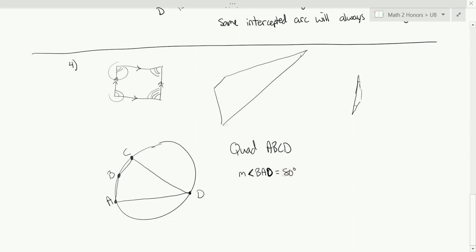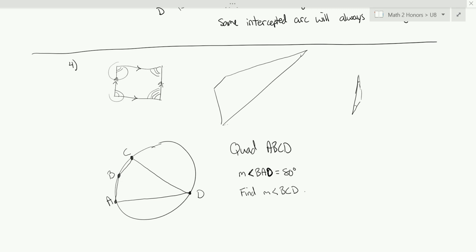And I would like you to find the measure of angle BCD. Remember, everything we're doing is dealing with intercepted or inscribed angles and intercepted arcs.